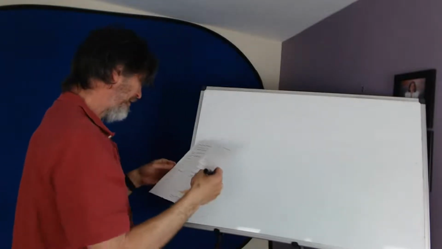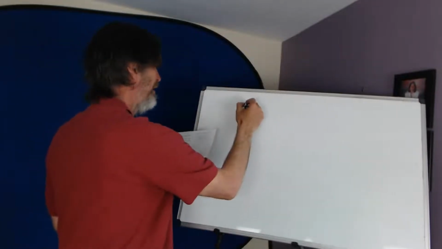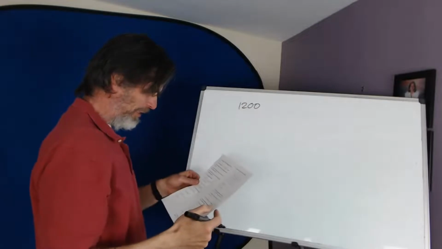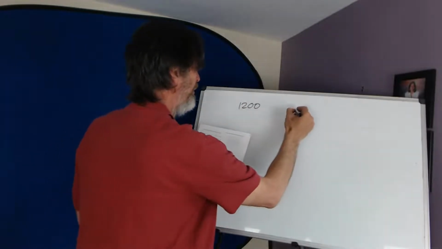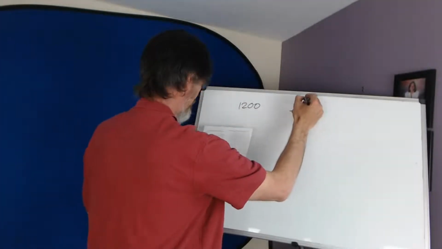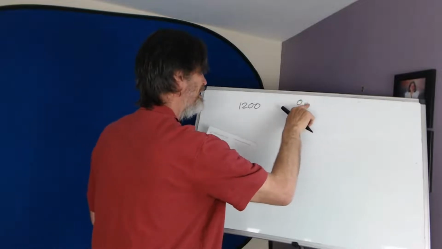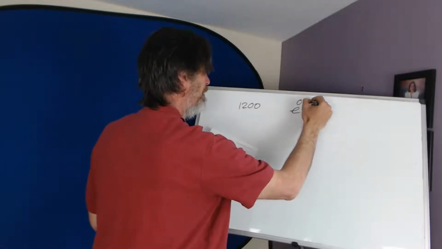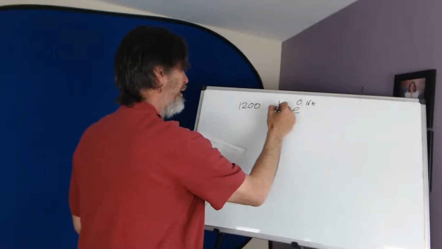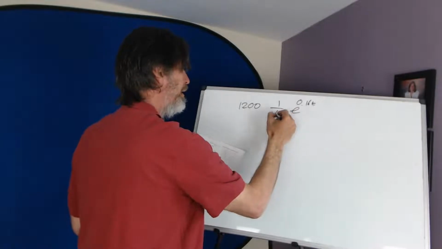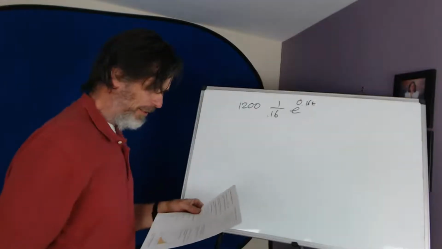On to the next. So I'm going to work on the antiderivative right away. 1200 is a constant multiplier. I'm going to keep e to the 0.16t. I'm going to multiply by the reciprocal of the derivative up there.